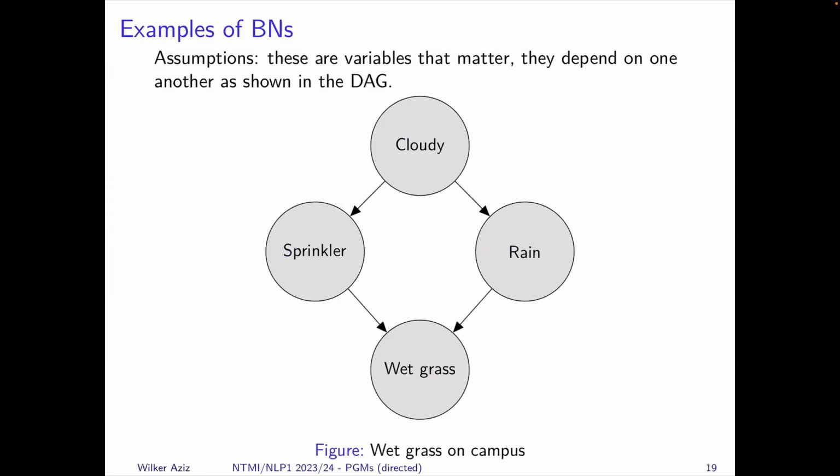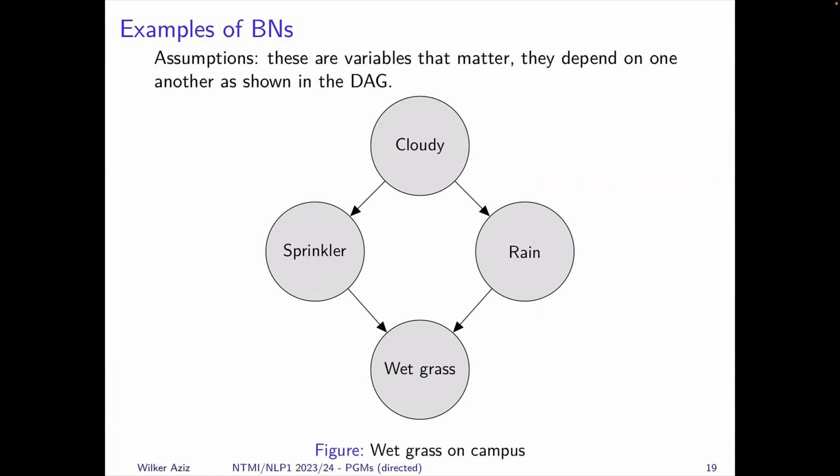Here's another example now. Whether or not it's cloudy outside has an effect on determining the probability that the sprinkler goes on, because perhaps this sprinkler has some solar sensor, and it goes on when it's cloudy. And being cloudy also affects the probability that it may be raining on that day.